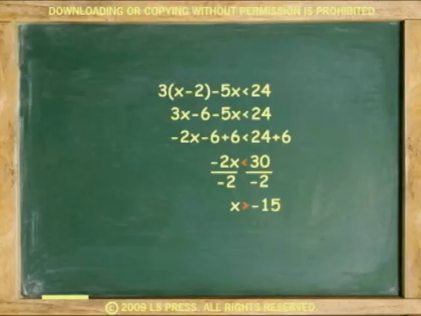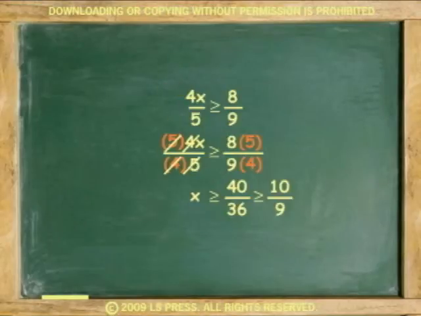Change direction of inequality. Another example. Multiply both sides by 5. Divide both sides by 4. Reduce fraction to x is greater than or equal to 10 over 9.